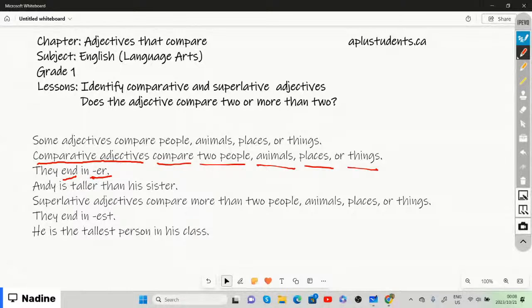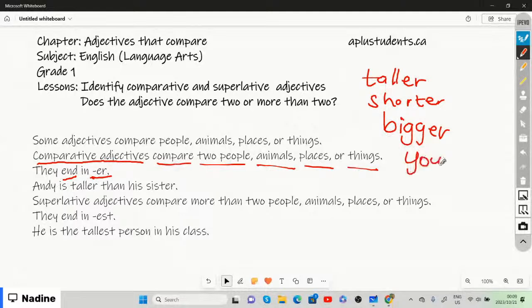A few examples of comparative adjectives are taller, shorter, bigger, and younger.